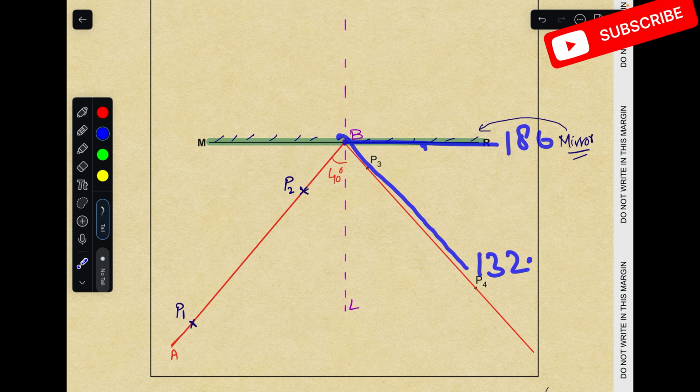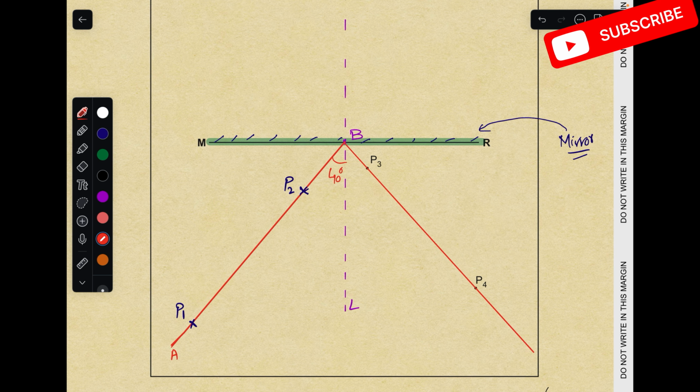So 180 minus 132 is giving me 48 degrees. Okay, so this angle is 48 degree as per our drawing. This is called alpha. If this is 48 degree, this thing will be 42 degree, that is almost equal to this thing.